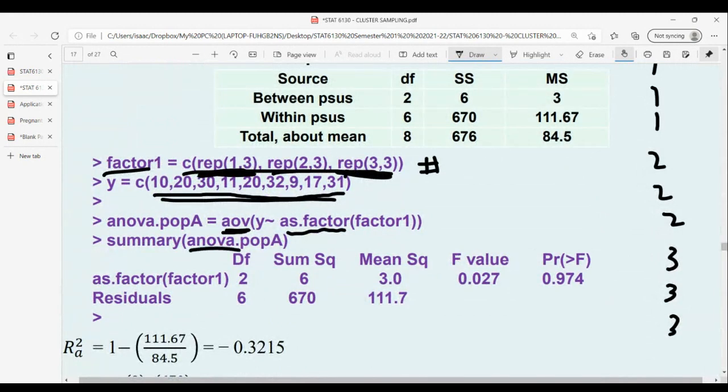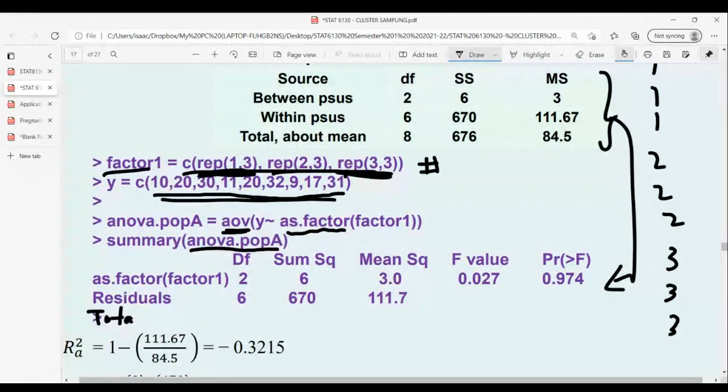So that's why you see as.factor here. Then you simply do summary of anova.pop.a. If you look at the output in the textbook and the output here, it's the same, no differences. The only thing is that the output doesn't give you totals, but of course you could add them and get your totals for your degrees of freedom and your sum of squares.